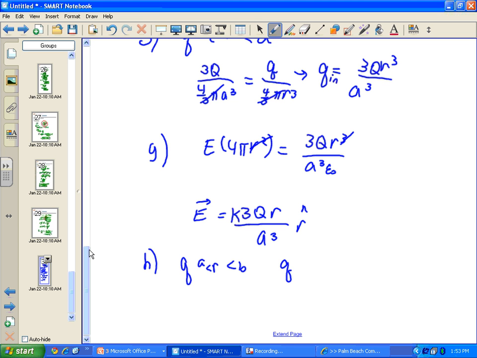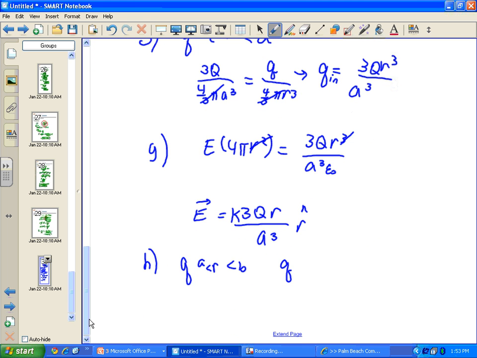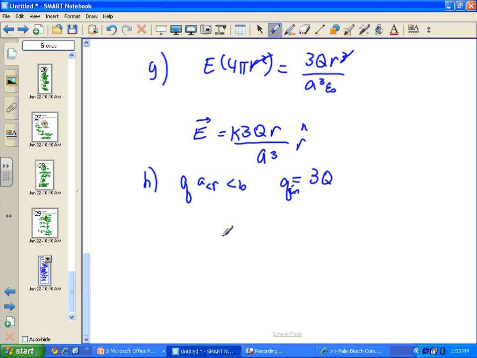In this case, the only charge inside is plus 3Q, since that is the total charge on the insulating sphere, and none of the conducting charge is inside. So plus 3Q.